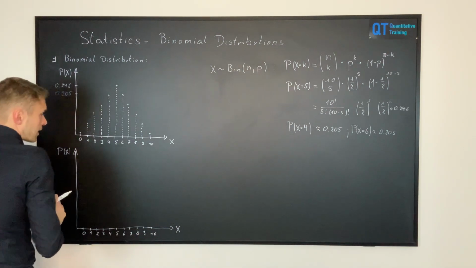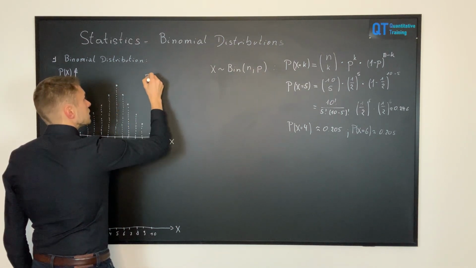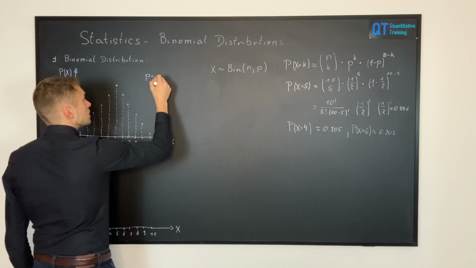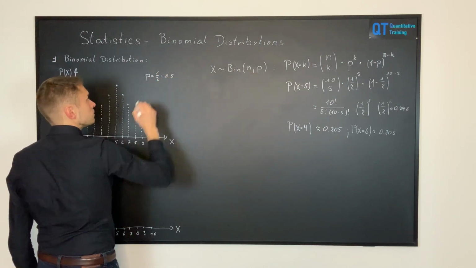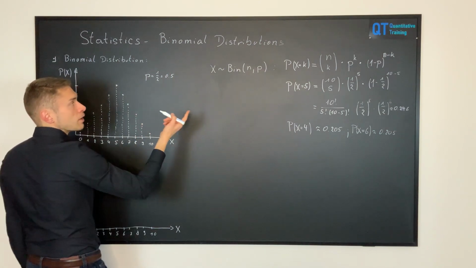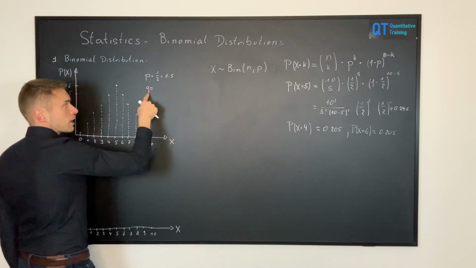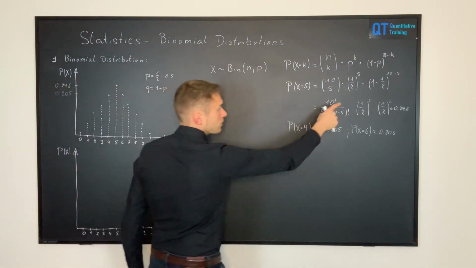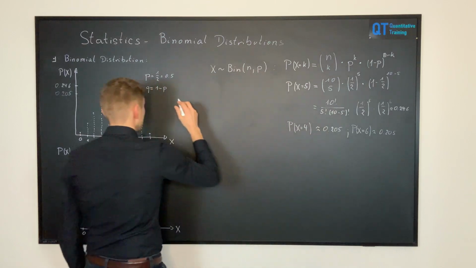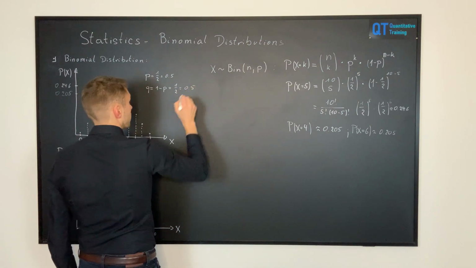So this time we say probability of success is P equals 1/2, which is 0.5, and probability of no success, which is sometimes called Q, is 1 minus P. So this is the 1 minus P that we have here, which this time is also 1/2 or 0.5.